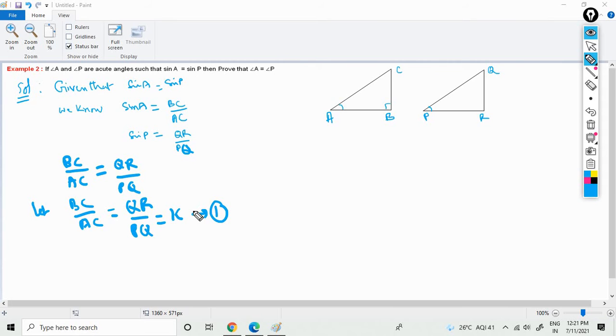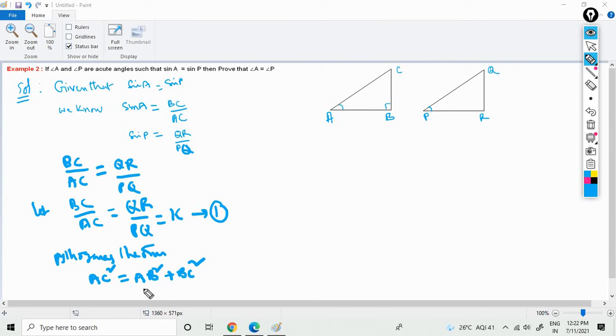Now you already know Pythagoras theorem. Let me apply Pythagoras theorem for your first triangle. What is Pythagoras theorem? It says AC square is equal to AB square plus BC square.